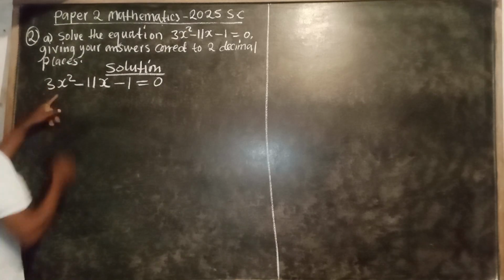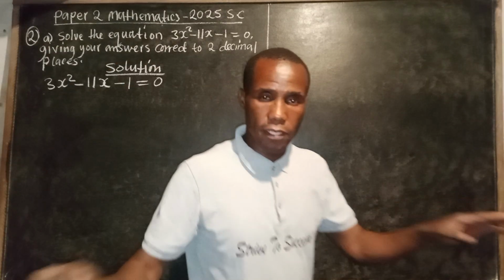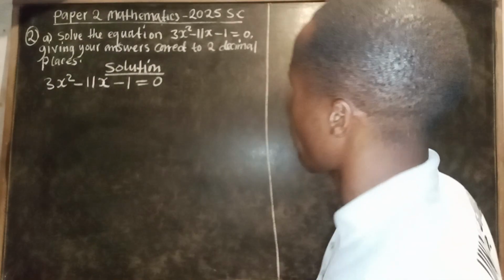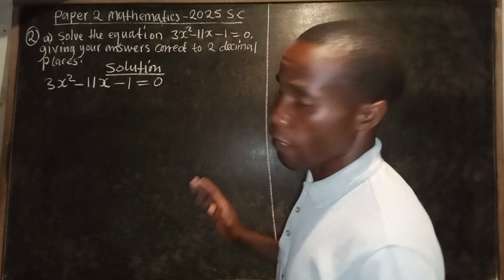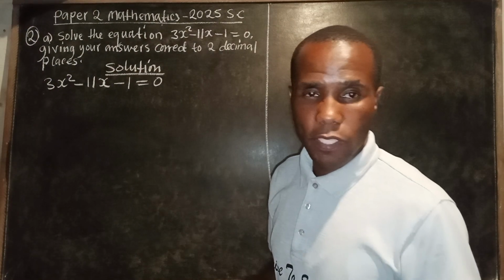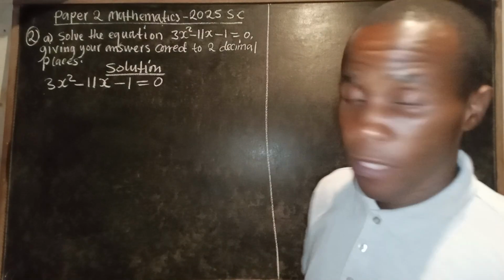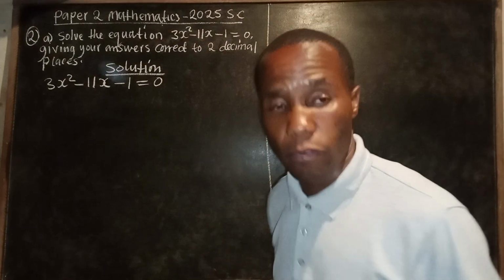For us to remain with just x squared there, we have to divide by 3. Since the coefficient is 3, we divide by 3 throughout.